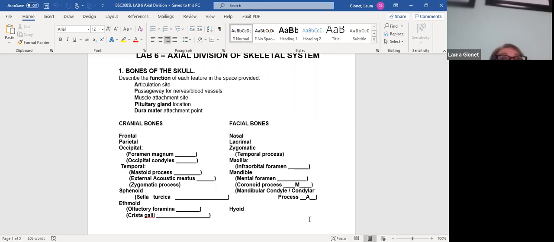So condyle is really a more accurate term because it's got the hinge point and a very smooth surface for your mandible to articulate with your temporal bone. Thus, that smooth surface being consistent with smooth surfaces forming articulations, the function would be A for articulation site.